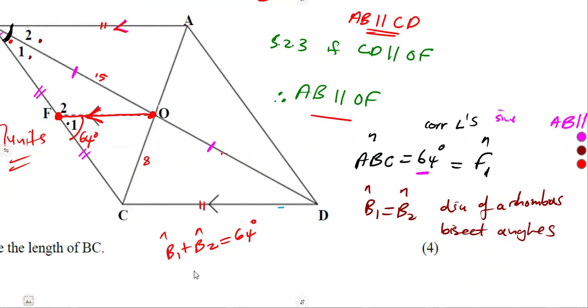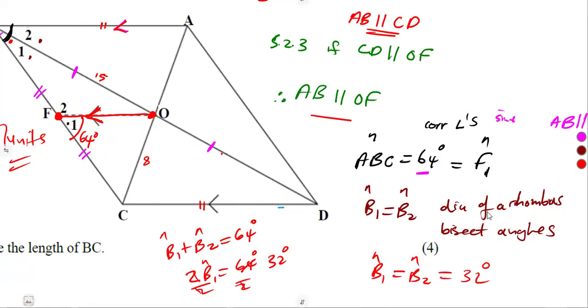And we are saying these two are equal. So we can have it as 2 angle B1 is equal to 64 degrees. So divide by 2, that's what? 32 degrees. So angle B1 is equal to angle B2 is equal to 32 degrees.